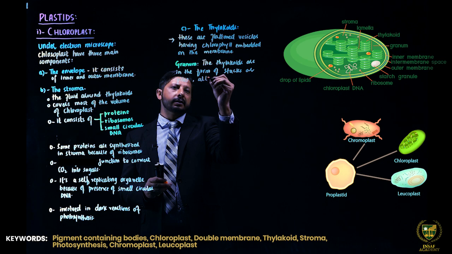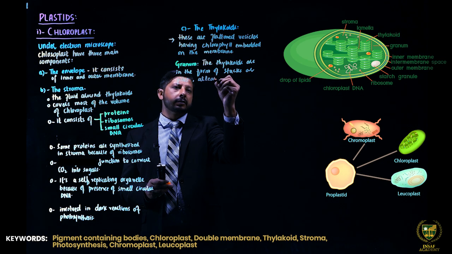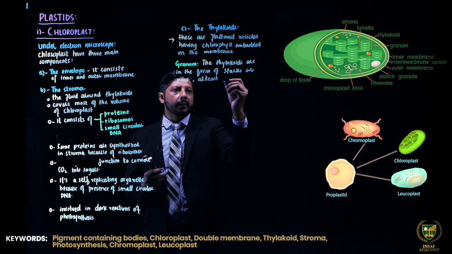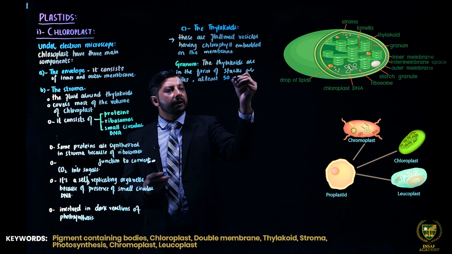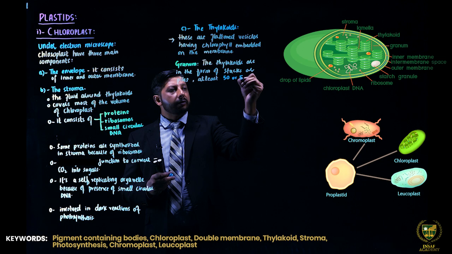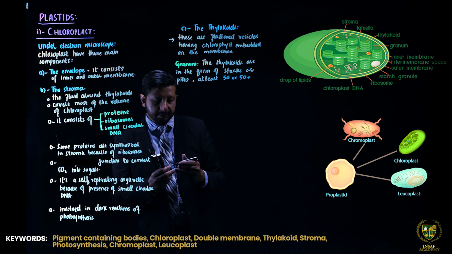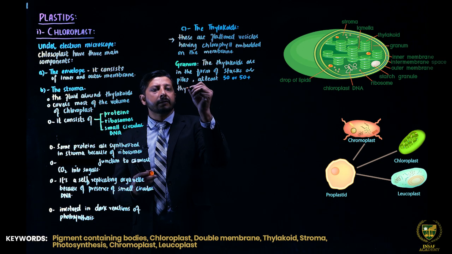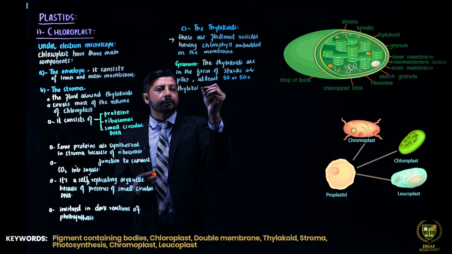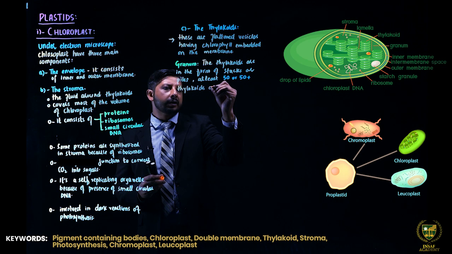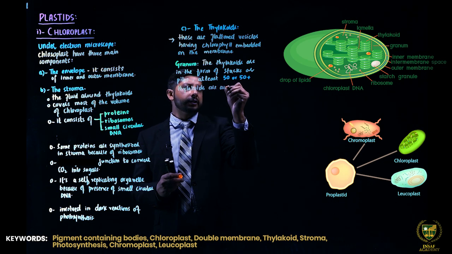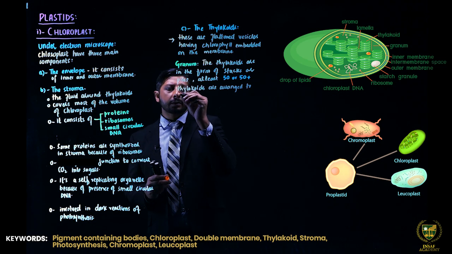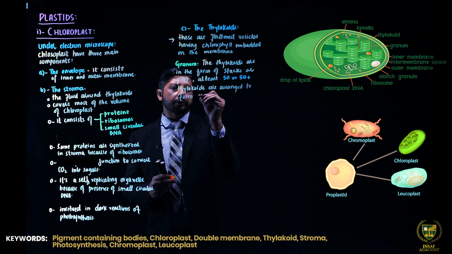At least 50 or 50 plus thylakoids are arranged to form granum.